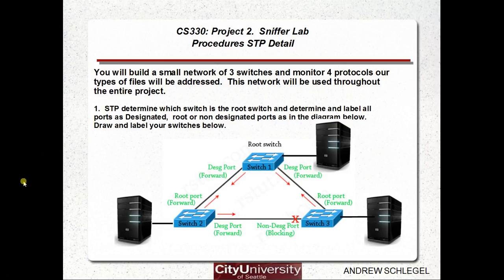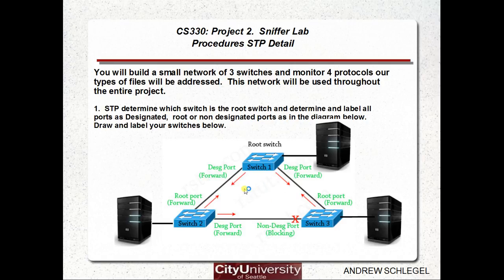Okay, so this is basically the network you want to build. I highly suggest you build this in GNS3. So you're going to have 3 switches like this, and you remember now, if you follow the rules that STP uses, it's going to pick one switch as a root switch. So yours may not look like this.